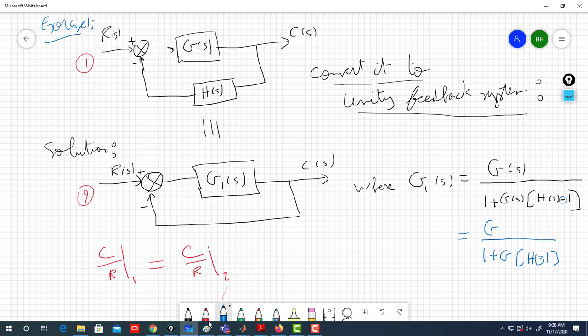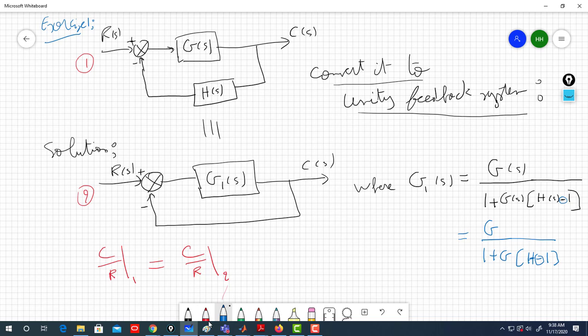You put forward over 1 minus loop or 1 plus loop. If you are not sure about the solution, you verify it by looking, as Tariq said, at C over R for situation 1 and situation 2, and you need to find they have the same closed loop transfer function.